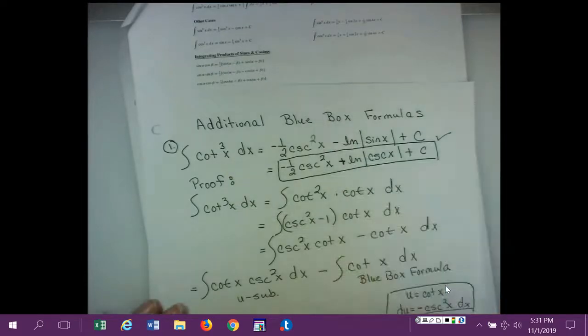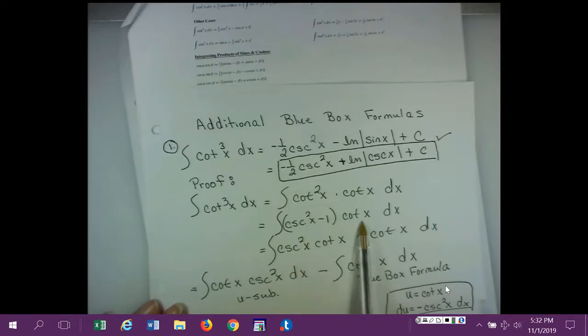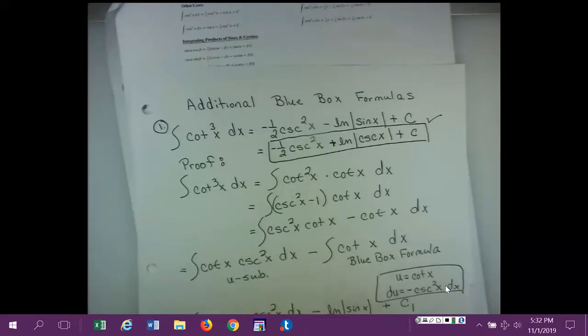So the technique is to split off a factor of cotangent. So this is still cotangent cubed. For cotangent squared, by the Pythagorean identity, we know that it's equivalent to cosecant squared x minus 1, and then multiply by cotangent. With this, what we will do next is distribute cosecant squared x times cotangent x and negative 1 times cotangent x.